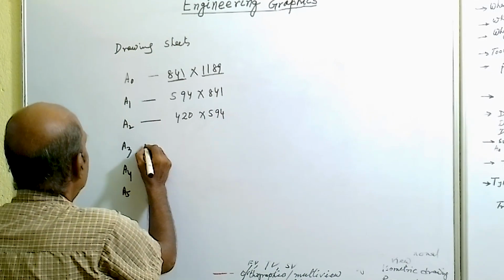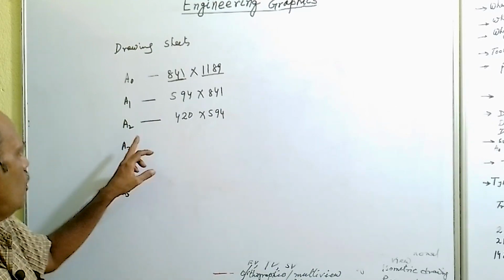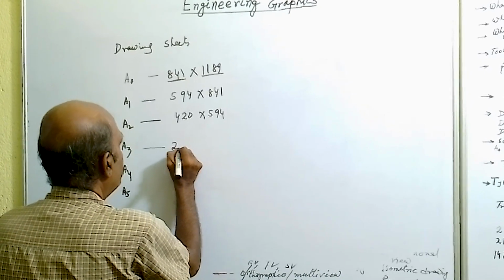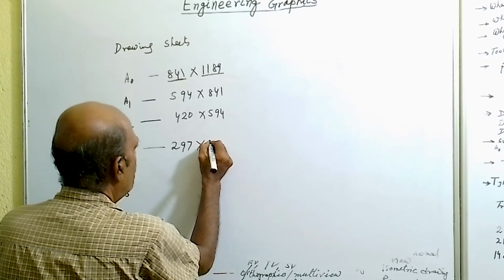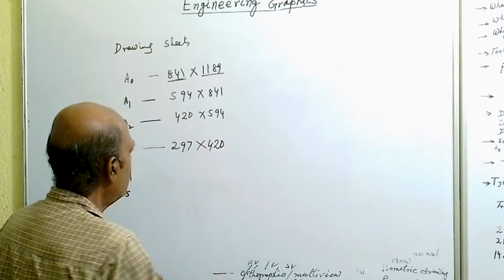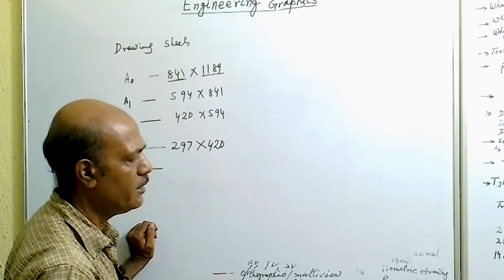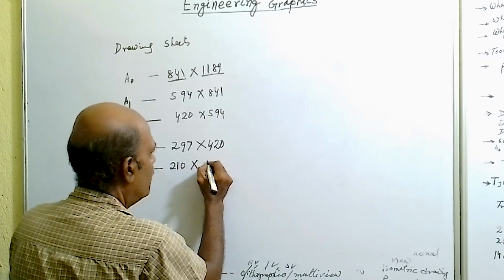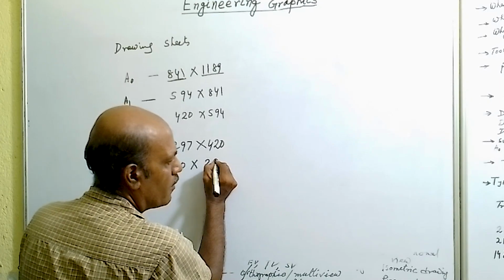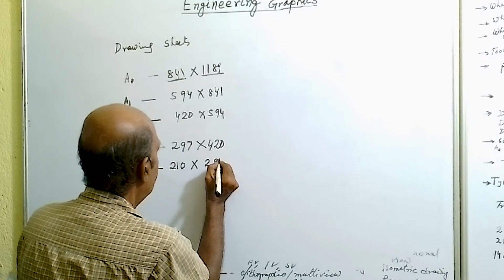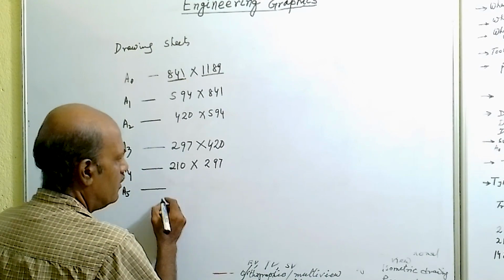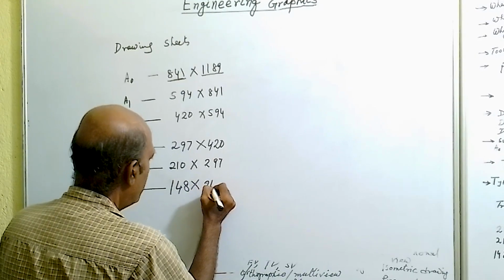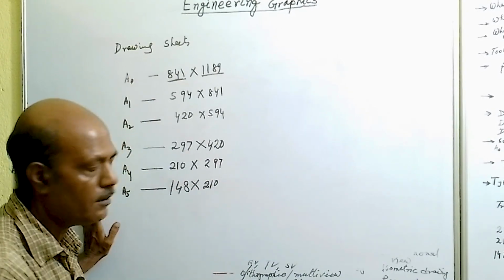And the next size, A3 size, is 297 into 420 millimeter, and A4 size is given by 210 into 297, and A5 size is 148 into 210. So all the dimensions are in millimeter.